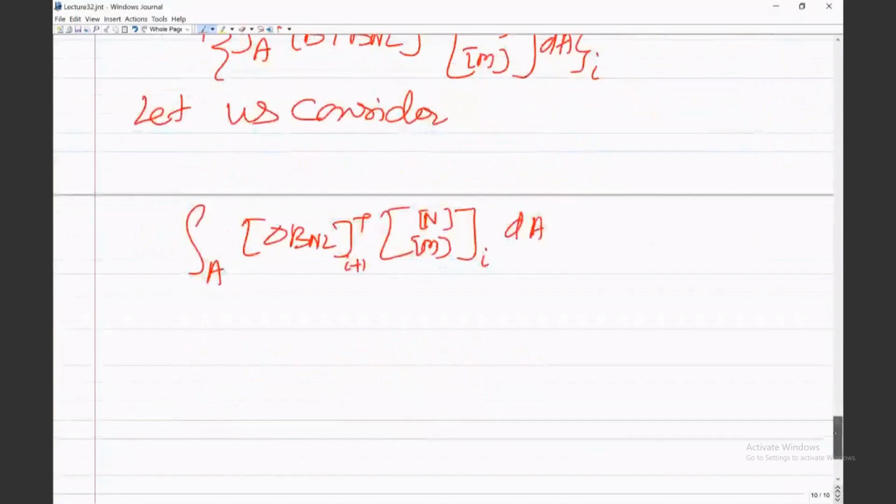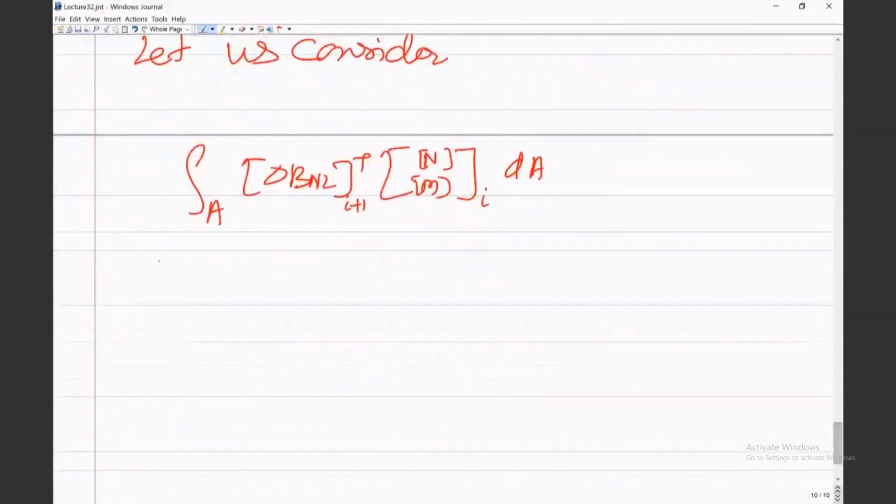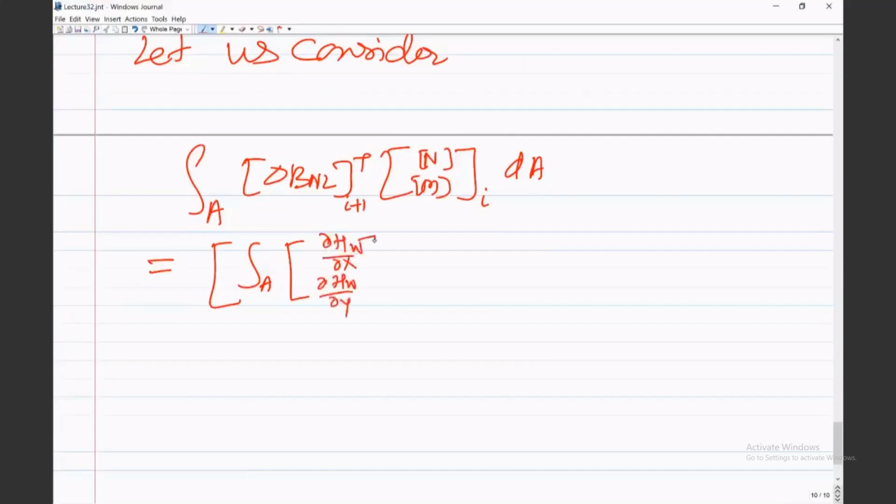So you would be able to rewrite this term as the integration over area, and then the derivative of W with respect to X and Y, where the interpolation of W is written as HW into DE. So this would become del HW by del X, del HW by del Y transpose, and then you will have N with NXX, NXY, NXY, and NYY.